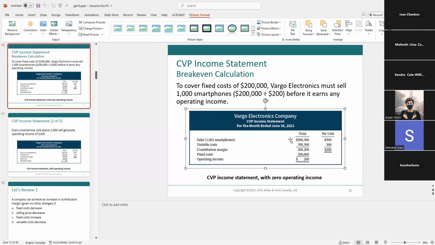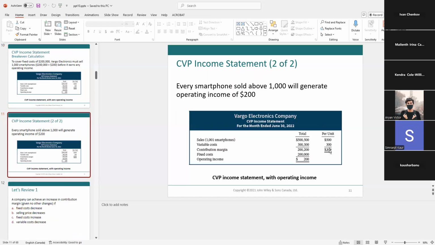What's going to happen if we sell one additional unit? Well, the contribution margin from that additional unit is going to flow to our operating income. So the first point, that's why it's important for you to go to the break-even, because after the break-even, every unit that you're selling, the contribution margin goes directly to operating income because your fixed cost is covered.